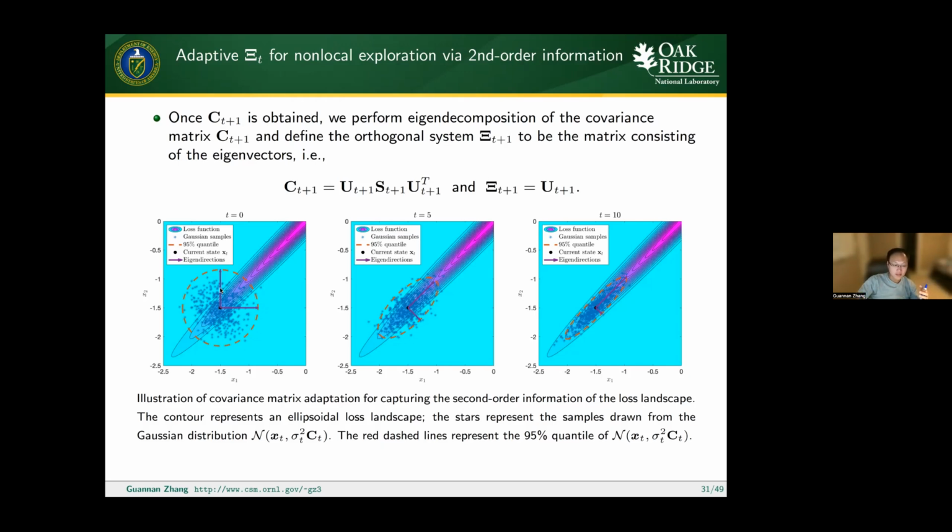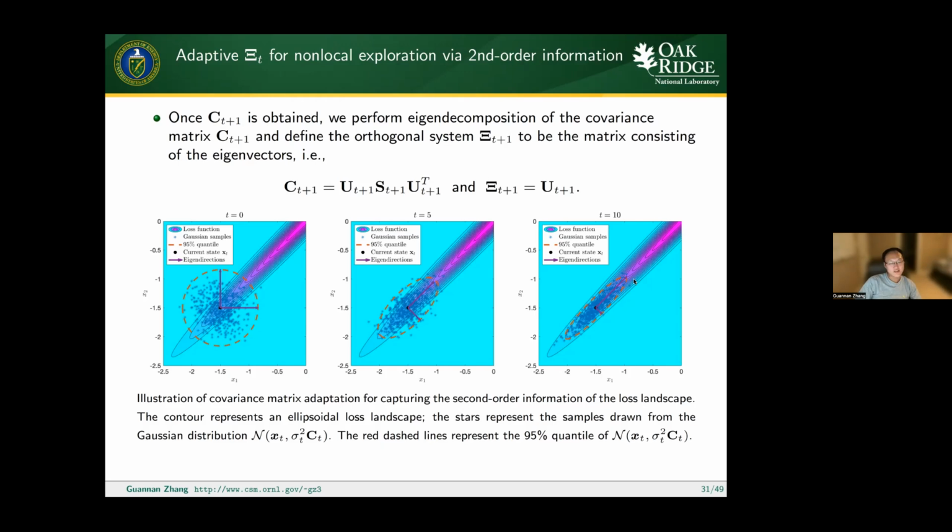If you do this iteratively multiple times, your Gaussian samples will concentrate more in the high probability contour region like this. Here I performed 5 iterations. If I keep performing that, you can see the Gaussian samples gradually concentrate within this ellipsoid, and the covariance matrix is like this. Now if we perform an eigendecomposition of the covariance matrix, we can find those eigendirections.